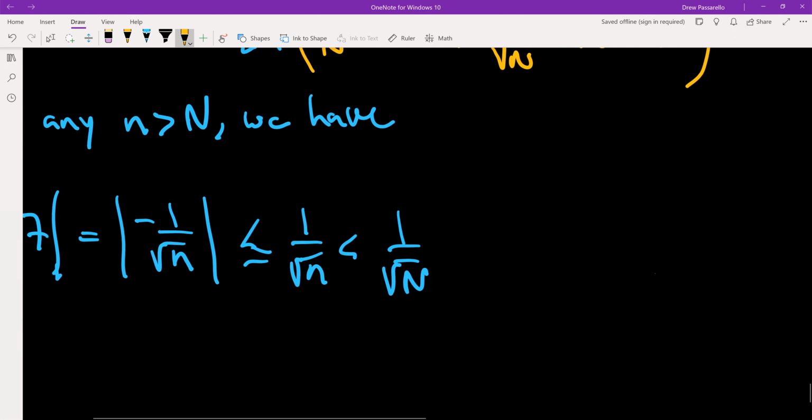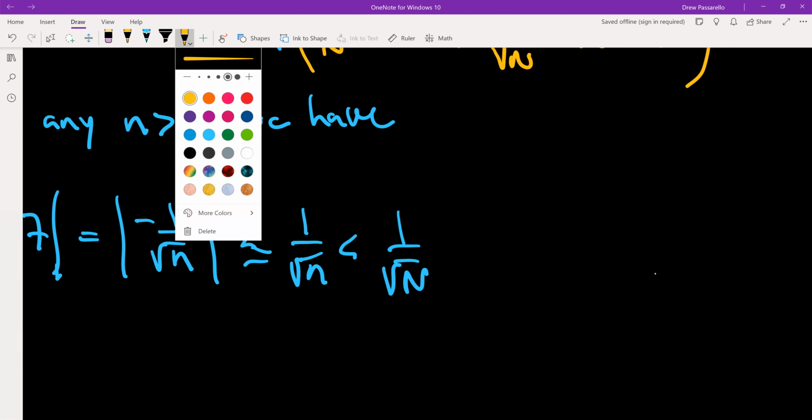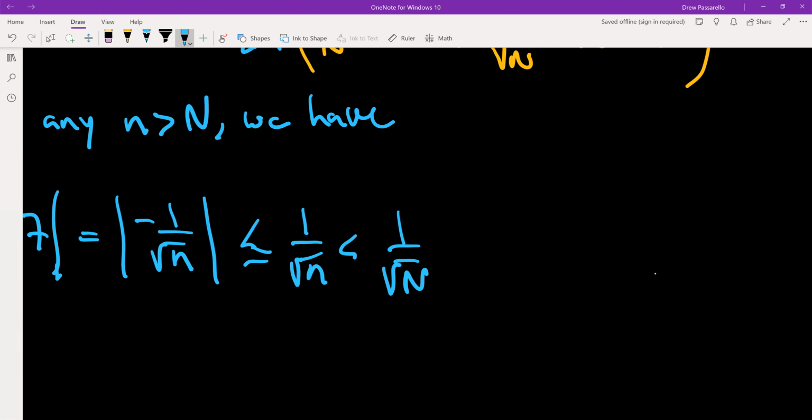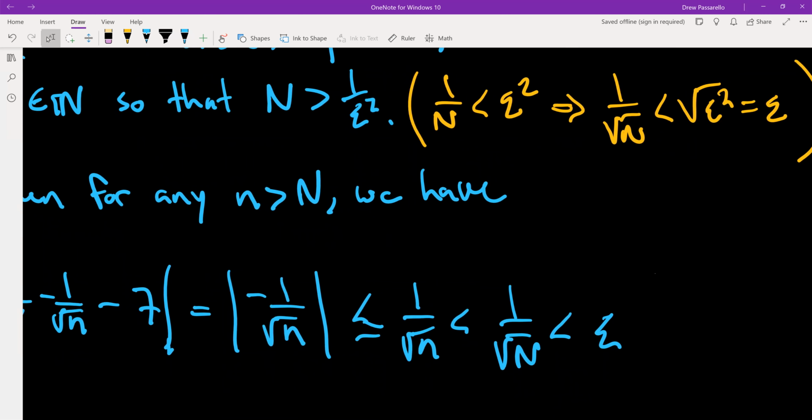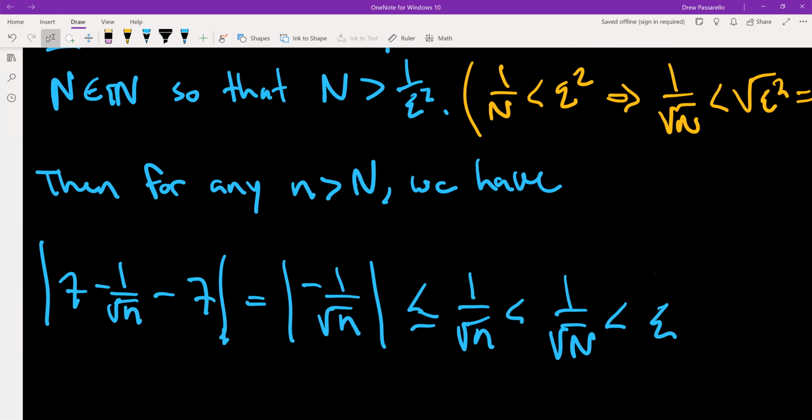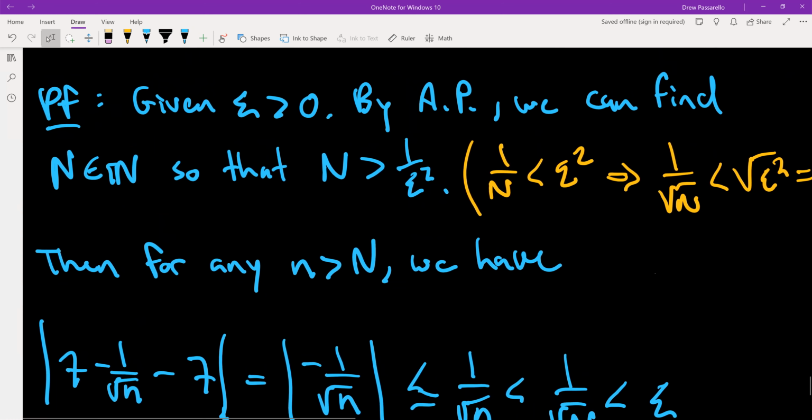And so we have this last line, 1 over the square root of capital N, is less than epsilon, because our capital N is bigger than 1 over epsilon squared. And that pretty much is the proof.